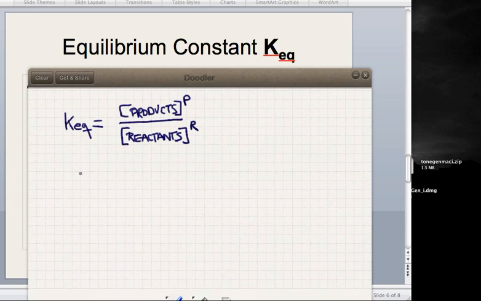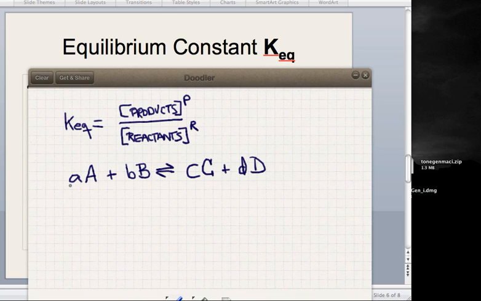So suppose we have this equation: lowercase a of element or compound A, lowercase b of element or compound B, and we have our reversible reaction here, and it produces compound C and also compound D. Recall that these lowercase numbers represent coefficients in our balanced chemical equation.